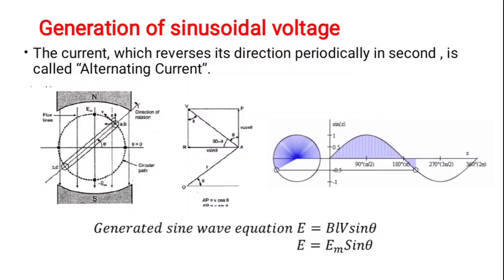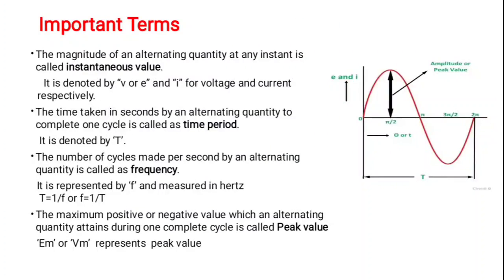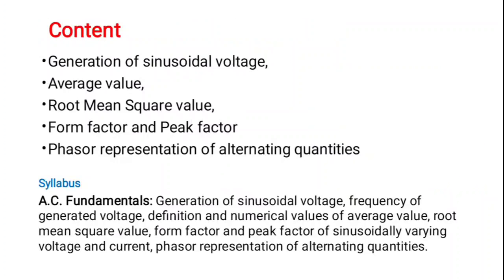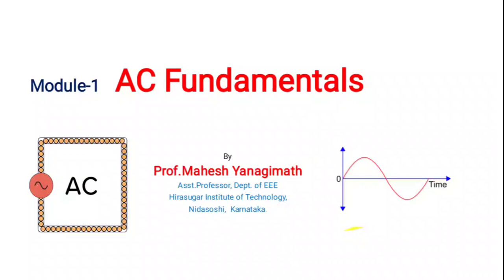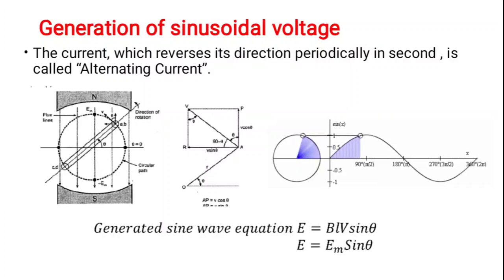When the conductor moves from position number 3 to position number 4, at 3 pi by 2, the EMF is again induced, in the negative direction with respect to the south pole, so the EMF induced is negative. Then when it rotates from position number 4 to position number 5 at theta equal to 2 pi, the EMF again moves towards 0.